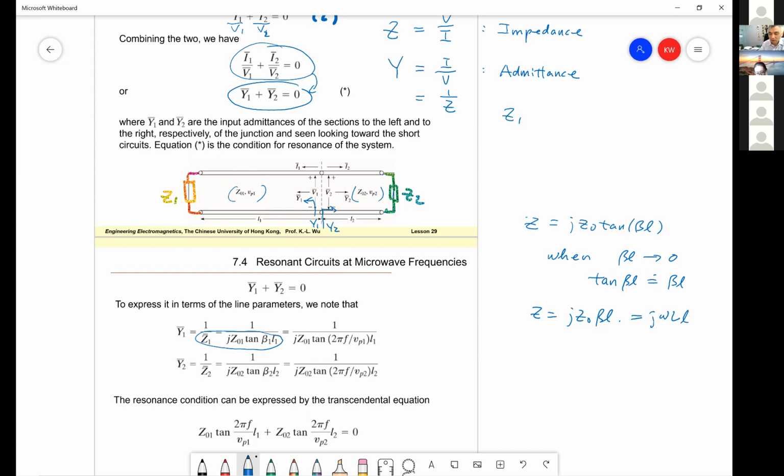We discussed this, so I won't repeat it. Also, beta equals omega divided by phase velocity, so I use this relation here. Similarly, we can find Y2.